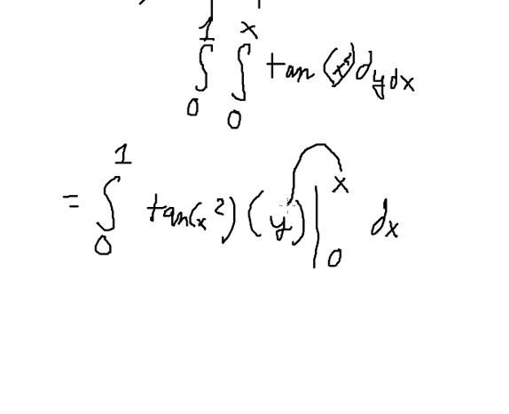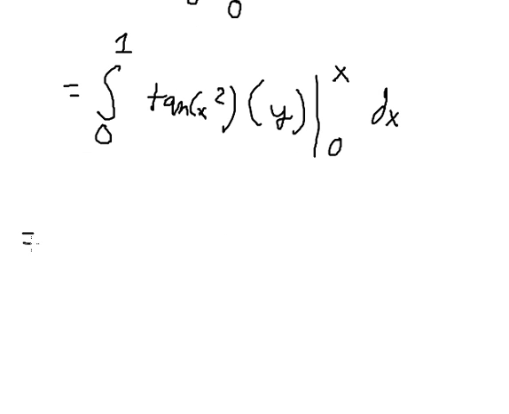So I will put x go in here, number 0 go in here. So we have x minus 0, that's why we have x in here.